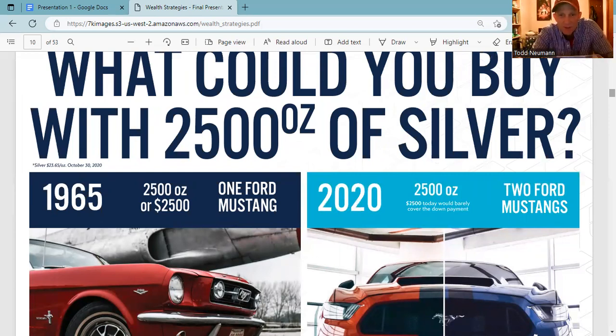In 2020, what you're looking at there, 2,500 of these, what do you think it could buy you? You pretty much figure that out, right? The tires, steering wheel, I don't know. Maybe a down payment. That's about it, right? However, with this, had you swapped back in 1965, you'd buy now 2 Ford Mustangs.